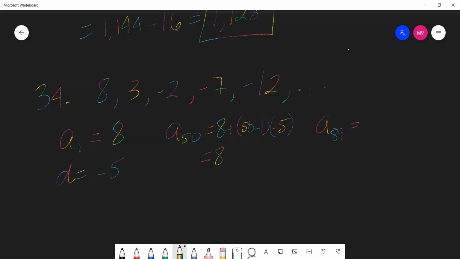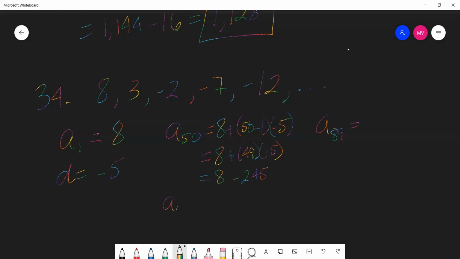So 50 minus 1 is 49 times a negative 5. 49 times negative 5 is negative 245.